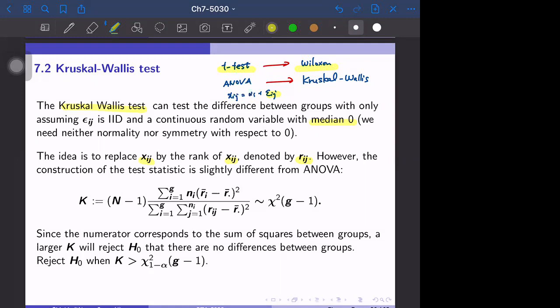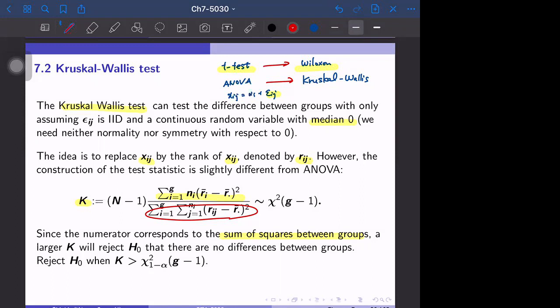It's a little bit different from ANOVA, but basically the numerator is the sum of squares between groups, and the denominator is rather constant here. You can see this is the rank r_ij minus r bar dot, where r bar dot is the overall mean of the ranks.